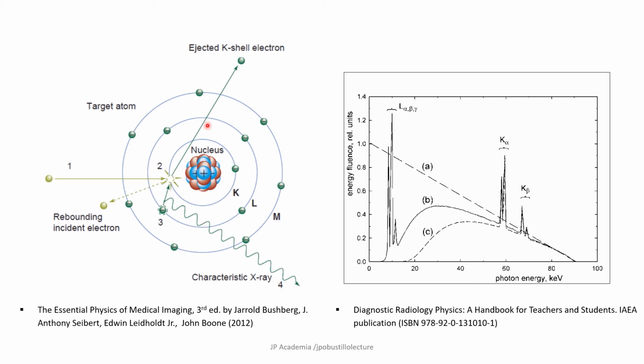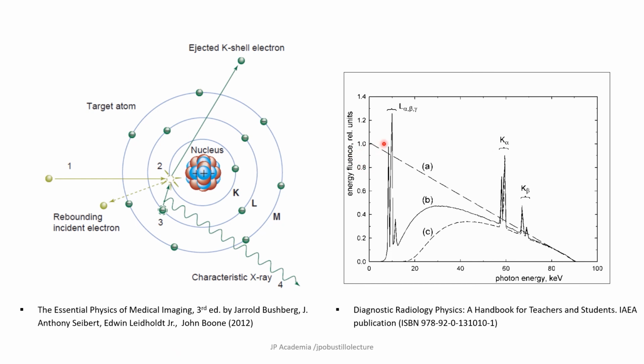We have this ejected K shell electron, and this scattered primary electron carries away the difference of the kinetic energy and the binding energy. This vacancy in the shell is then filled with an electron from an outer shell accompanied by the emission of an X-ray photon in the form of characteristic X-ray, with the energy equivalent to the difference in the binding energies of these two shells.